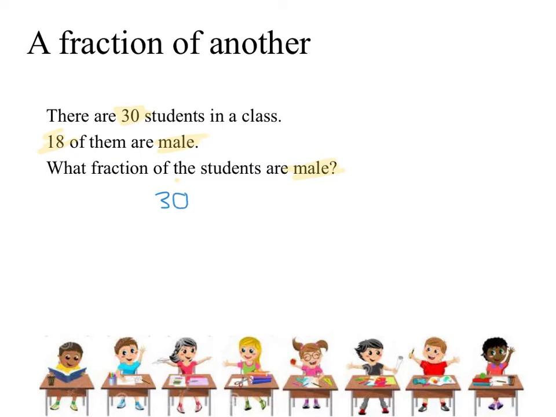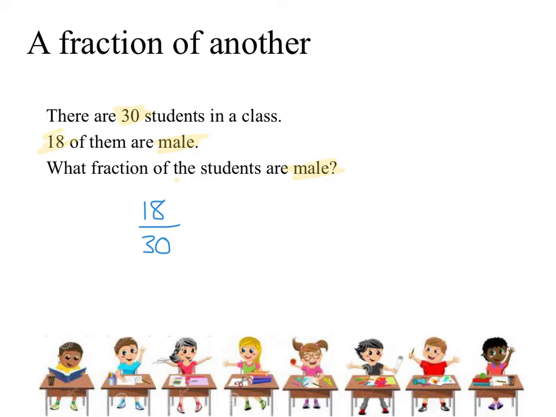That's 30 in total. And 18 are male. So, of the total, which is 30, I have 18 male.